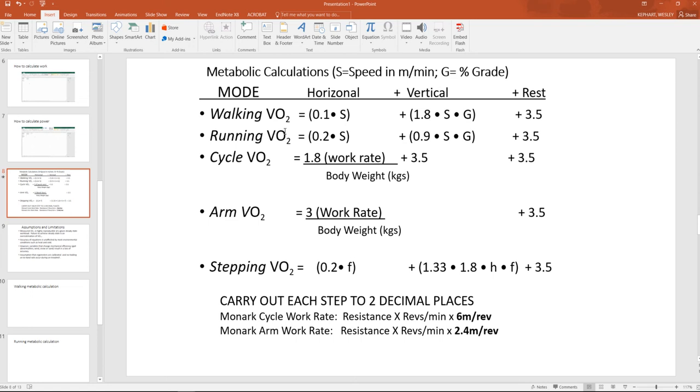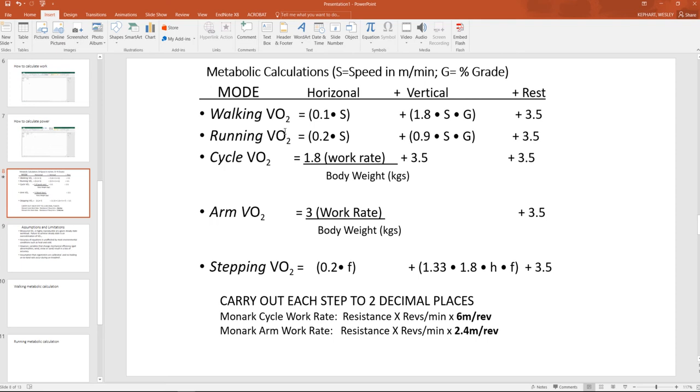But what we can do with these equations is we can predict how many calories people burn, if people are getting better at exercise, or if we're just maintaining things. Really, the applications are just about endless. And most of this should make more sense as we go along.